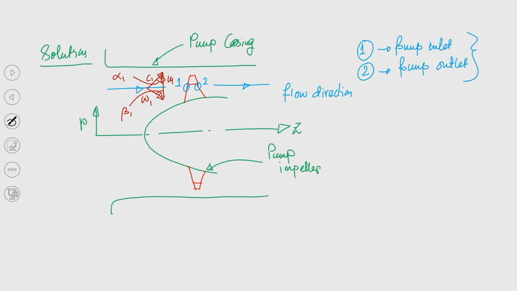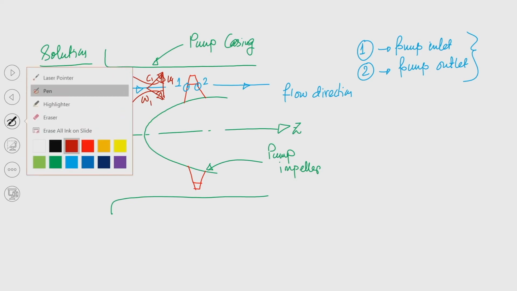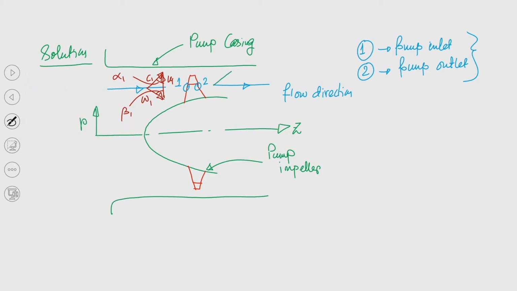Next, if we try to draw the velocity triangle at the outlet, let us now draw using another color. So, this is U2, this is C2, W2. So, this is C2.